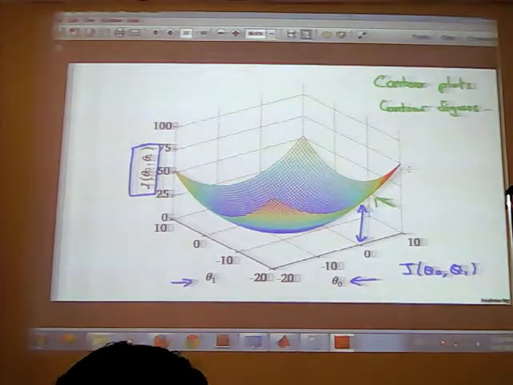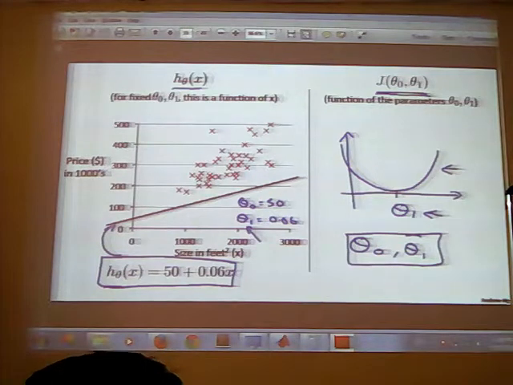To understand this diagram, let's get on the board.